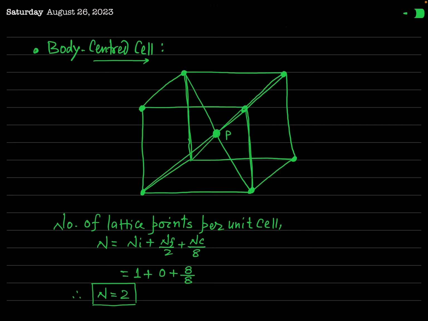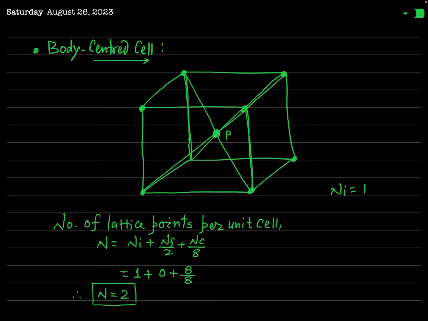So in this case, apart from the 8 lattice points at the corners, there is also a lattice point at the center of this unit cell. And this is in fact in the interior of this unit cell. So in this case, the number of lattice points in the interior, Ni, will be what?